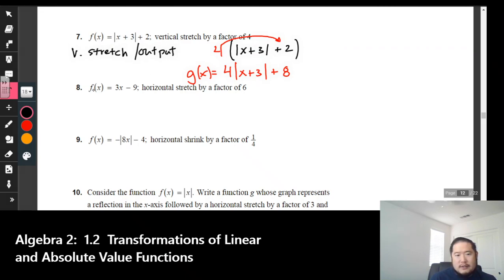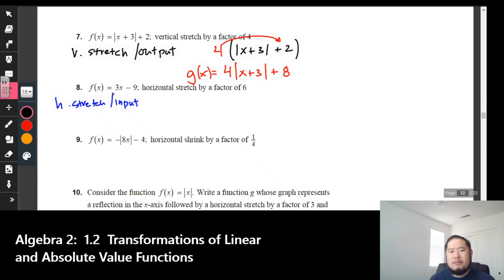We have a horizontal stretch, and that right there is going to be input. And the big thing with horizontal stretch, you think, hey, let me multiply that by 6. It sounds like it, right?